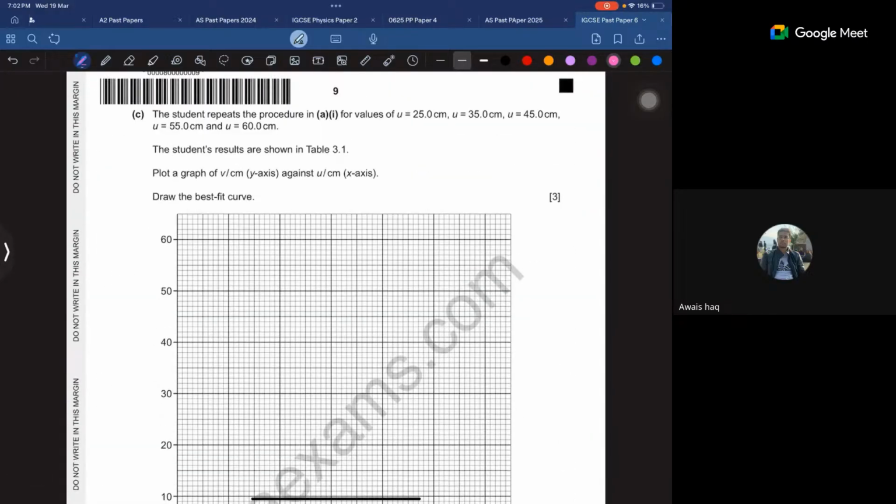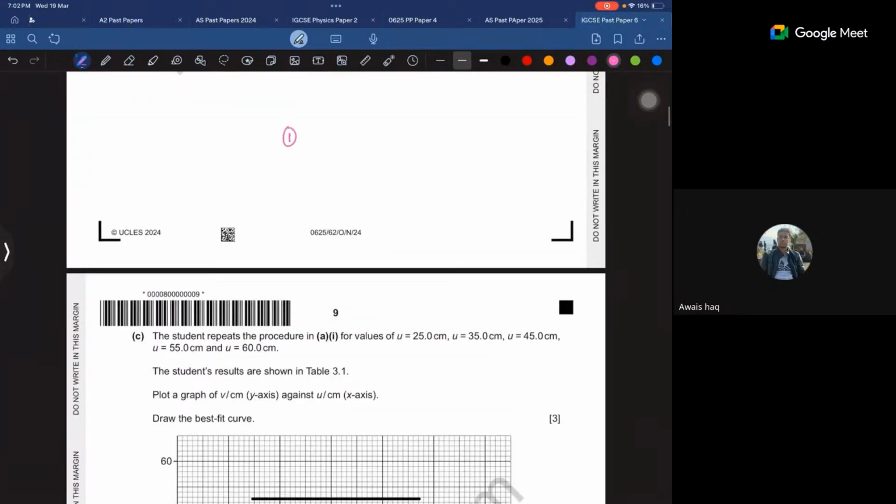Now we got to make the graph. For the graph, there are certain rules that I want to tell you. Number 1, do not make blobs. What are blobs?